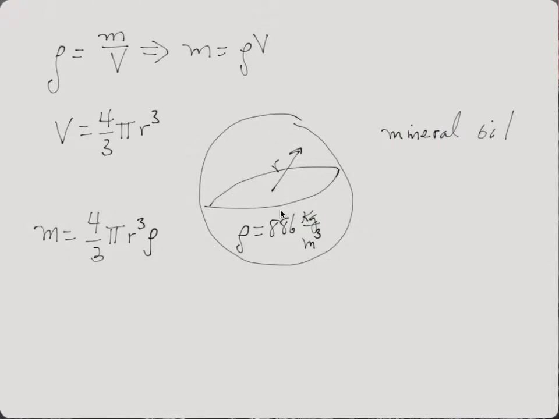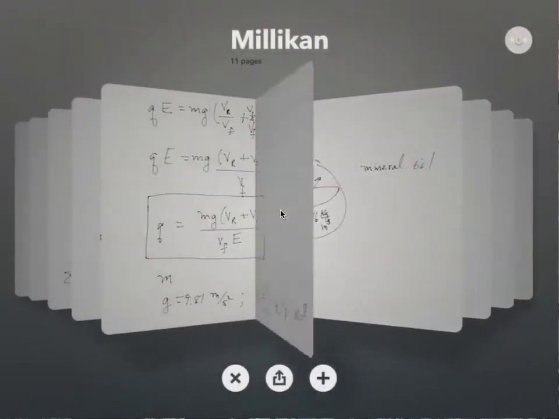Okay, that's going to be our mass, and we know rho, and let's just say that r is some a. The next step would be to try to calculate a. And so that's going to be probably the most difficult thing, or the most tedious thing. But let's go ahead and put this back into our equation.